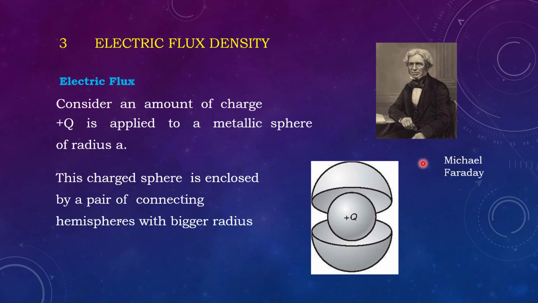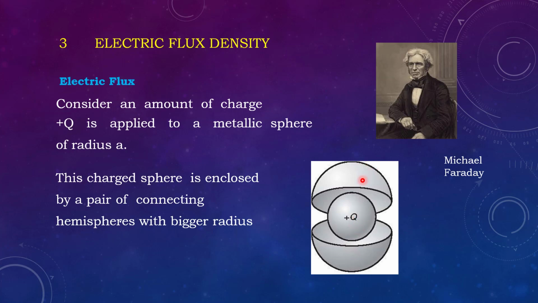So what he did was take a sphere, a metallic sphere, charged with a charge of plus q. He took another two spheres, called hemispheres, cut in half sections, and clamped these two hemispheres around this central sphere.